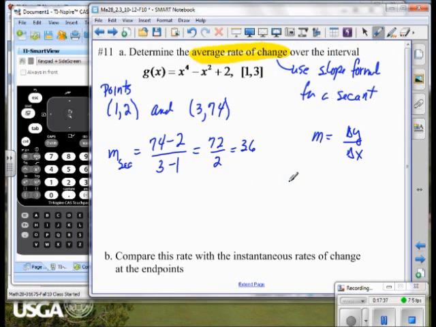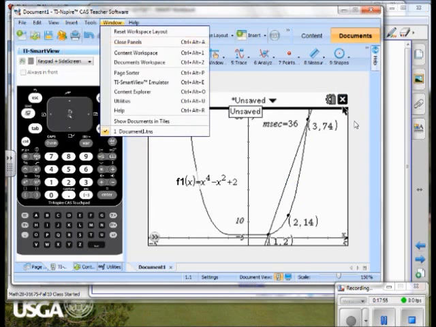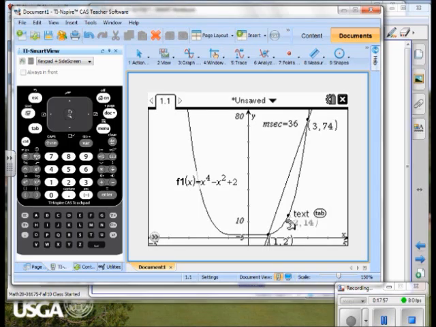If I take 60 and I add, what was it, 12? How do you do an average? Add them together and divide? How much do I get? 36.